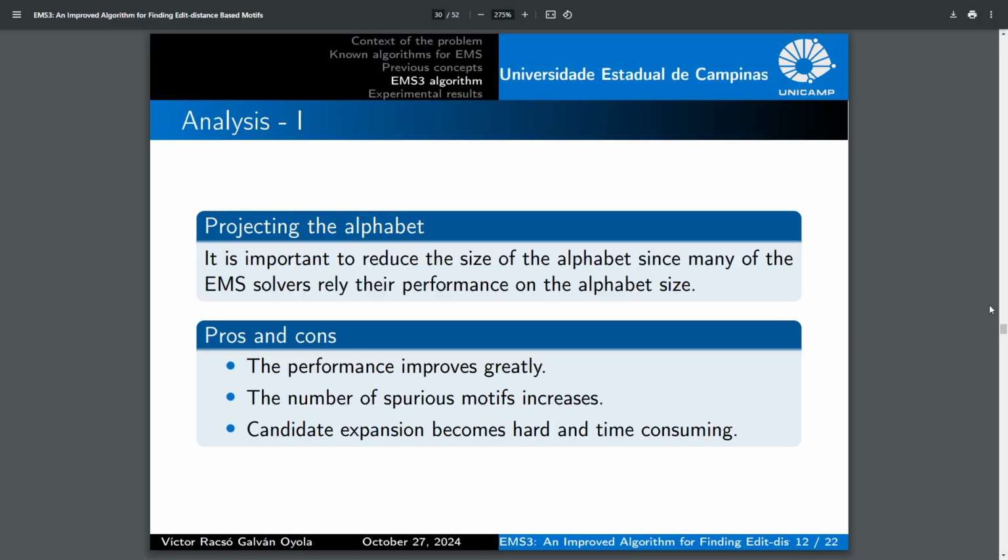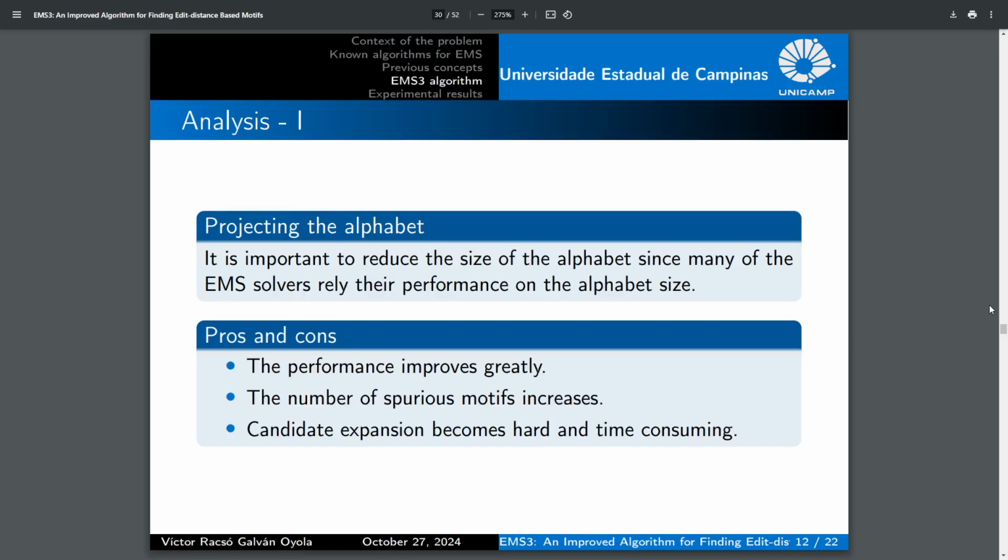Since we're projecting many characters to the same one, when we would like to return to the original state, we have to try every single possible character that was projected into that character to check if the original string actually is the same as the one that we are requiring.